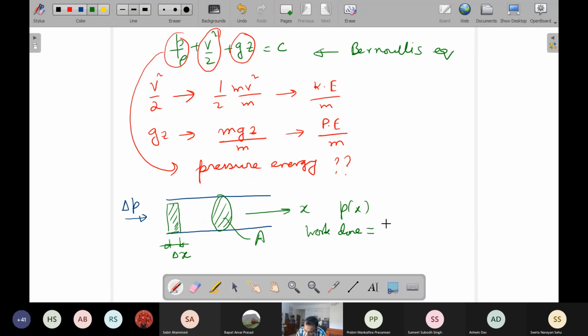If you have the pressure as P here, so it is P into delta x. So delta P is manifested by say a pressure P here and pressure 0 here.